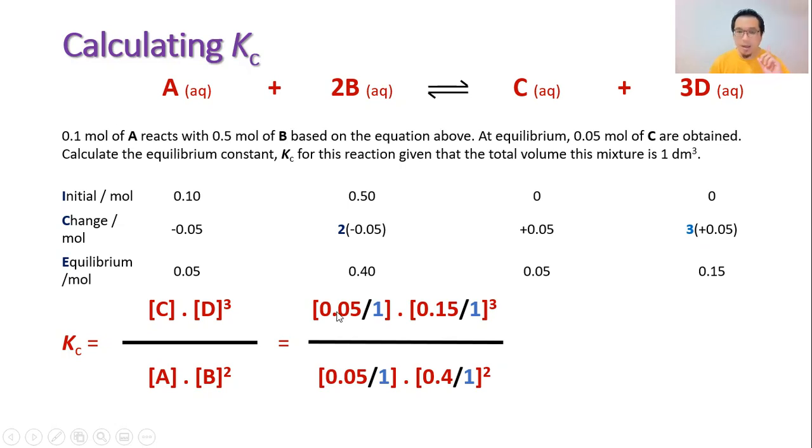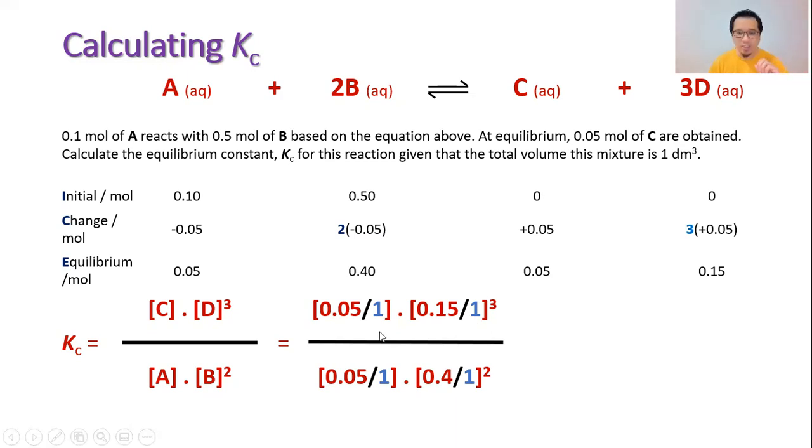Remember again, I repeat, moles over volume is concentration. There should be a volume given to you in the question. The volume in this question is 1 decimeter cube. In other questions, the volume could be different. It could be, for example, 2 decimeter cube or 2.5 decimeter cube. It all depends, so you just have to be careful.